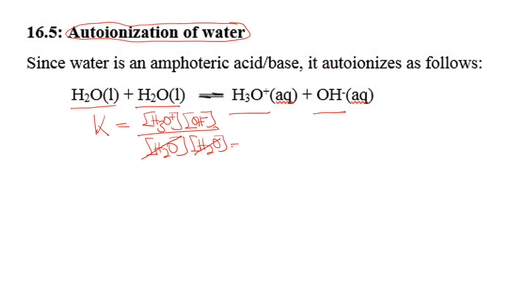So because it's a liquid, the water terms become one. Since water is a solvent, its concentration does not change much. That's why we just put one there. So the expression becomes K is equal to H3O plus times OH minus.